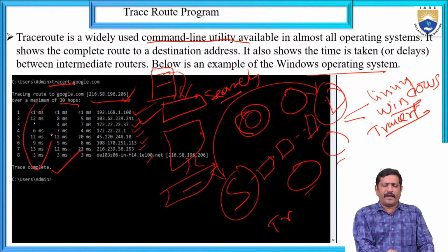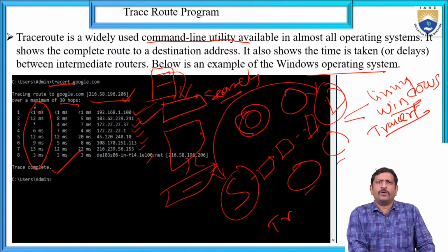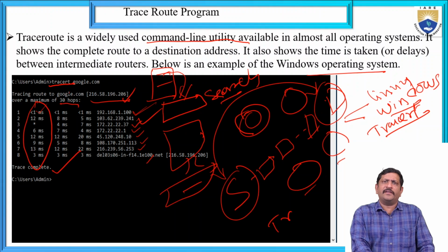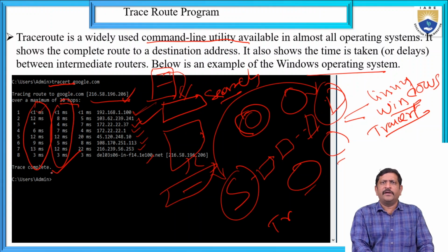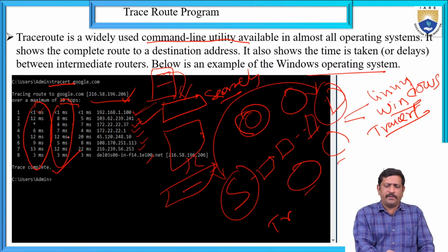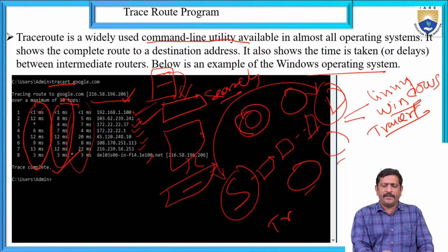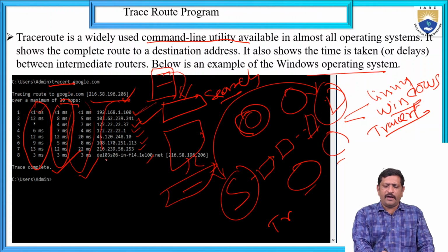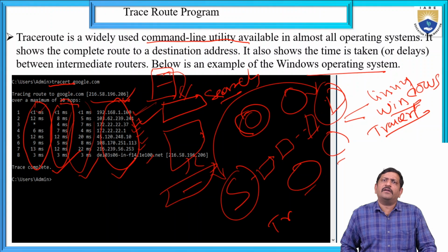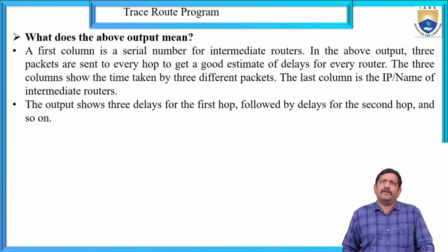The first packet at route 1 has different times. The second packet at route 2, the time varies. The third packet at route 3, the time varies. The last one is the IP address of the host machine.